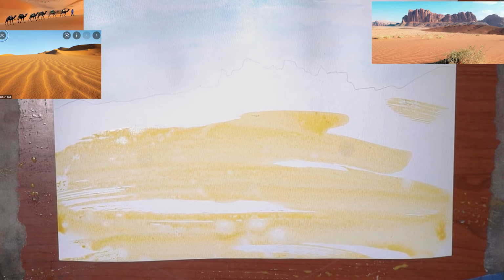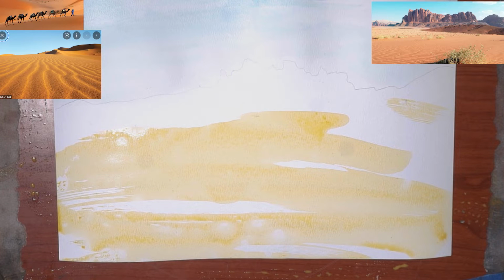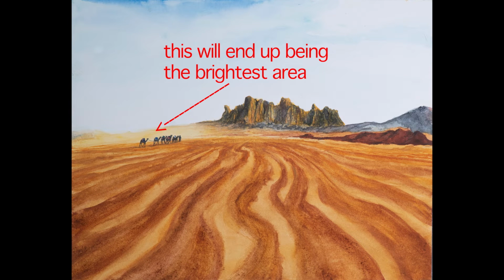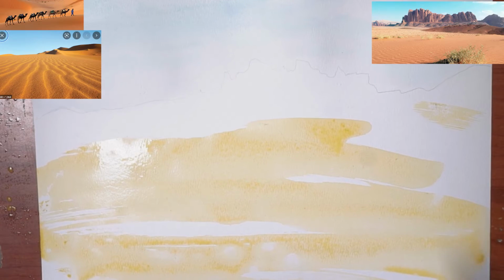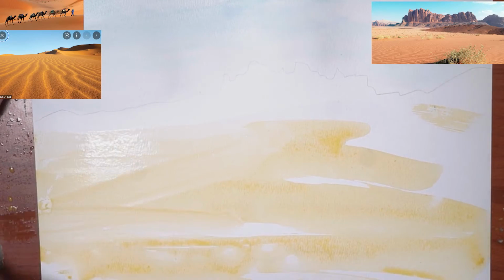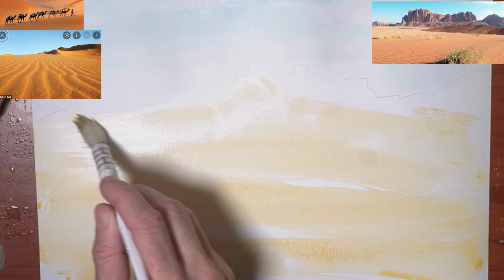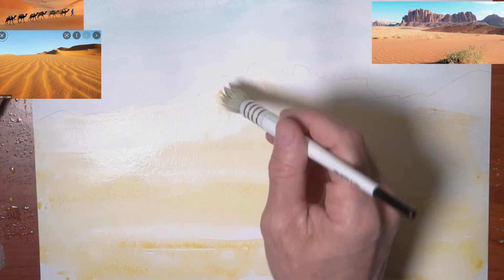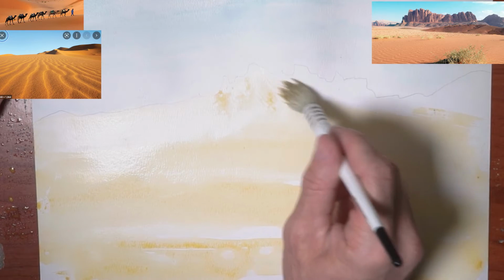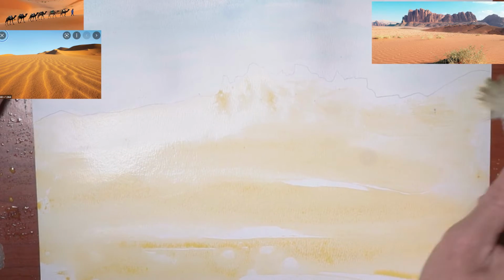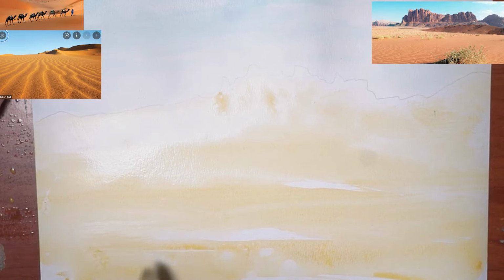That's my plan, that this is the lightest that the colors will get. I just assume that, because watercolor is backwards. Everything is in reverse.